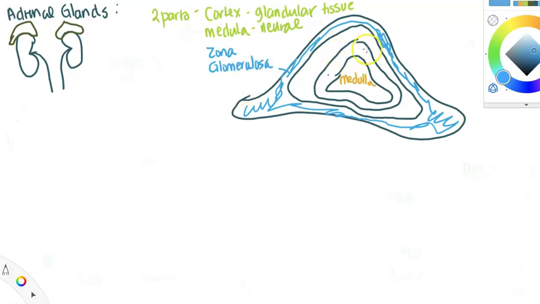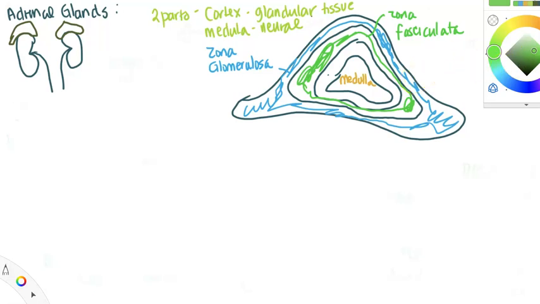The middle layer, this layer here, is called the zona fasciculata.